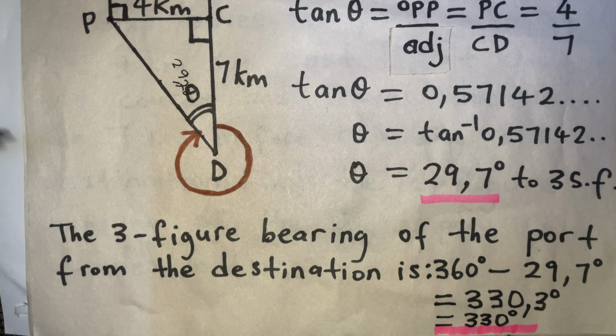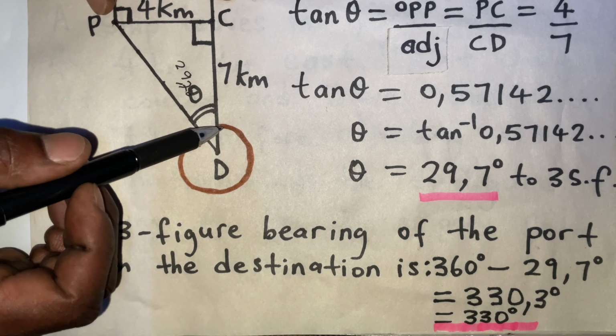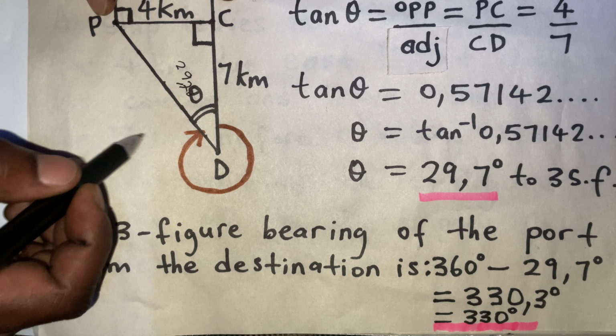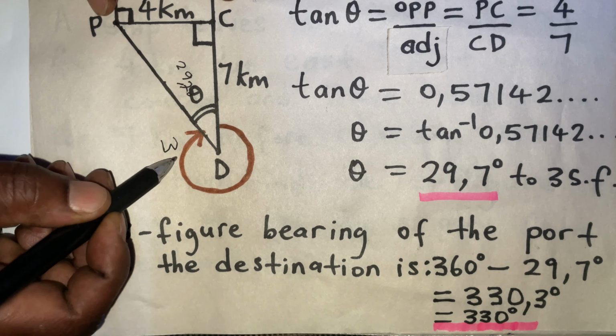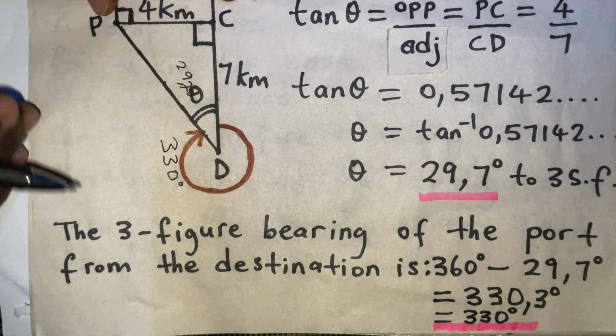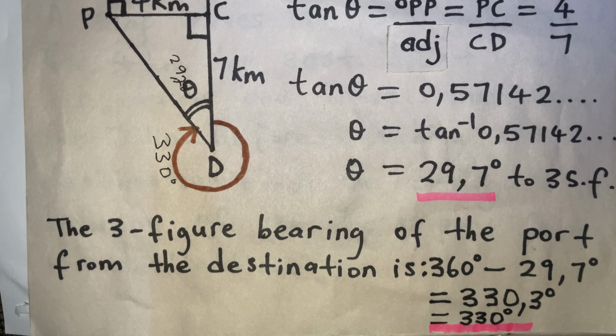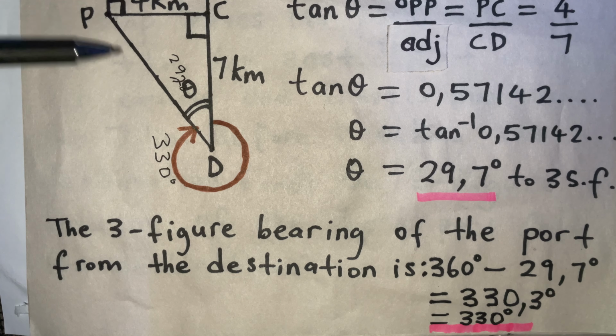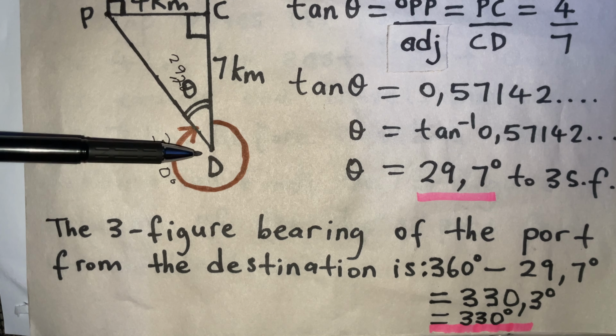So the size of this angle, which starts from the north arrow turning clockwise up to here, is 330 degrees. Okay, so the 3-figure bearing of P from D is 330 degrees. So that's our 3-figure bearing of the port from the ship's new position, which is its destination.